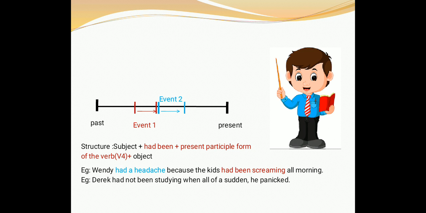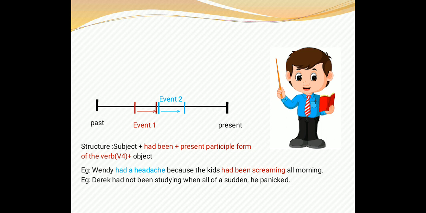To construct this tense, we need subject, auxiliary verb had been, present participle form of the verb, and object. The structure is subject plus had been plus present participle form of the verb plus object. For example, Wendy had a headache because the kids had been screaming all morning. First event relates to the kids screaming.